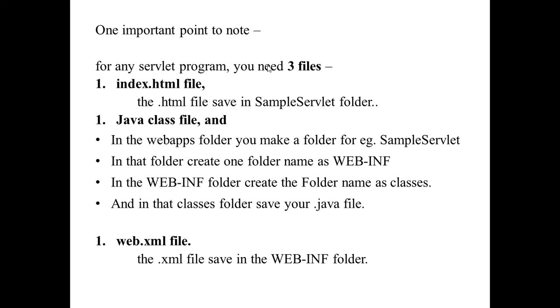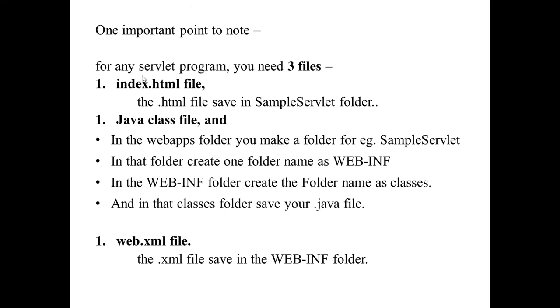First, as I already told you, we need to create a directory structure, and for that, your XAMPP server is installed in the C folder. So you choose the path C, XAMPP, Tomcat. In Tomcat, a webapps folder is there, and in webapps, create a new folder that is your program name.